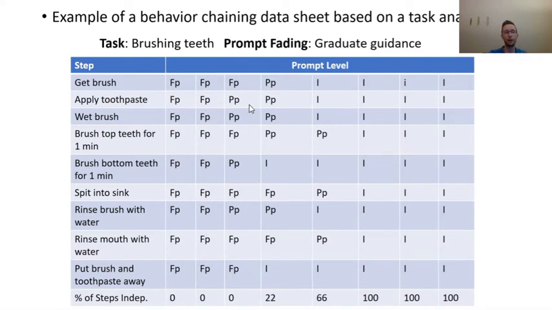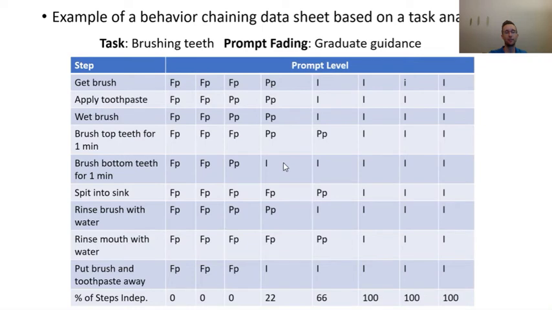In the third trial, some response prompting was faded. So here's a partial physical prompt for assisting the student with applying toothpaste. Here's a partial physical prompt for rinsing brush with water, but notice these are all still prompted, so 0% completed independently. Now in the next trial, two were performed independently. Look at that.